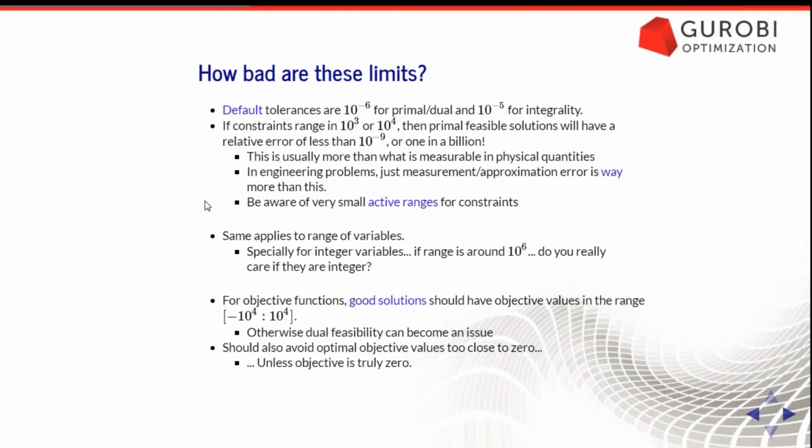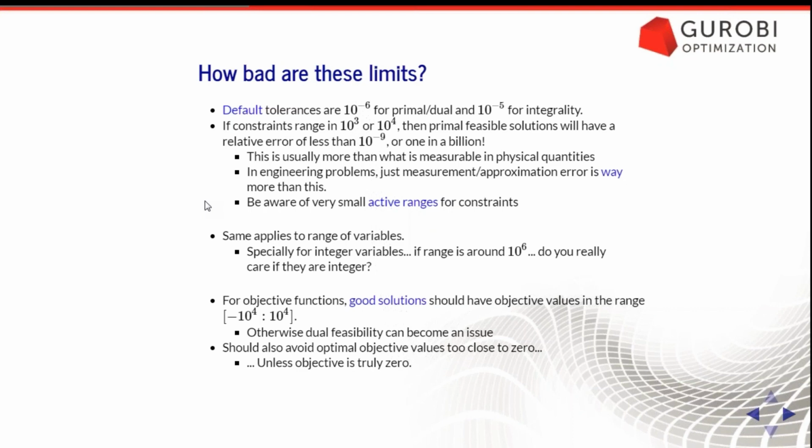Otherwise, what you're doing is really pushing the dual feasibility. So let's say if you're talking about billions of dollars, a good idea will be to change the units in your objective function to talk about thousands or maybe 10,000s of dollars, instead of using either dollars or cents, which will make the objective function blow up and make everything really harder.